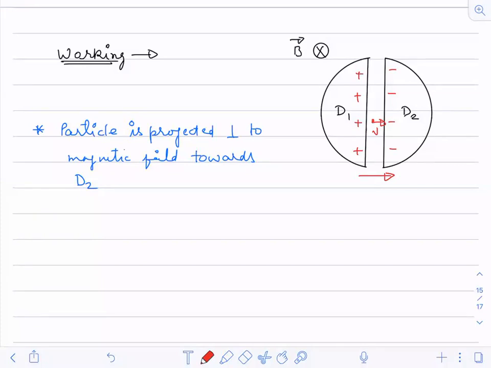So the particle is projected perpendicular to the magnetic field towards D2.